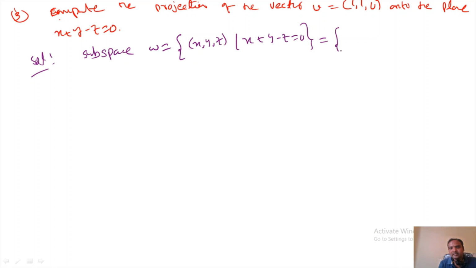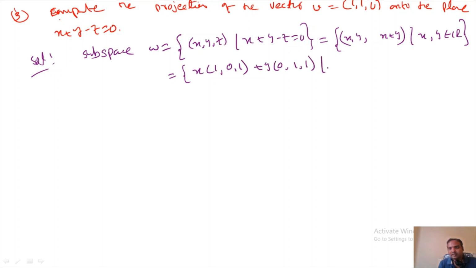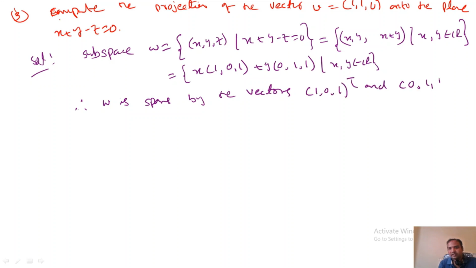We can write z equal to x plus y, such that x comma y belongs to R. That means we can write this as x into (1, 0, 1) plus y into (0, 1, 1), where x comma y belongs to R. Therefore W is spanned by the vectors (1, 0, 1) transpose and (0, 1, 1) transpose.